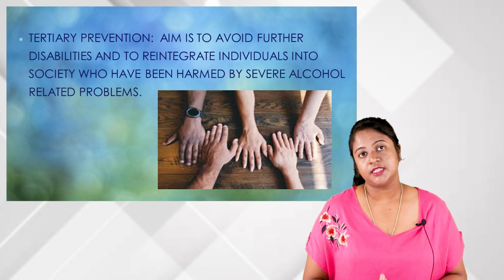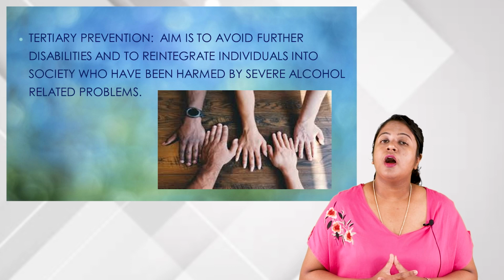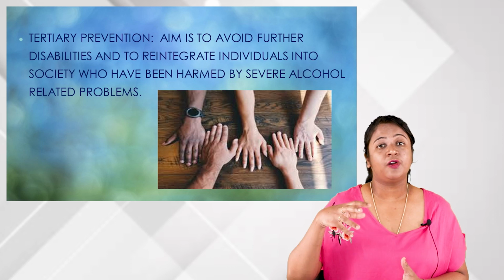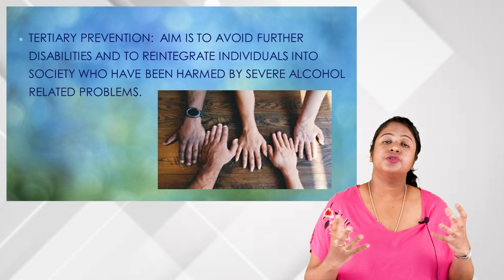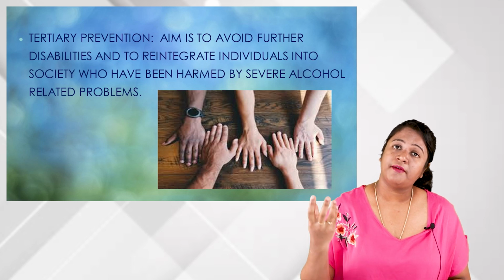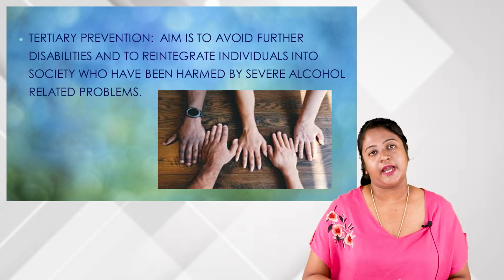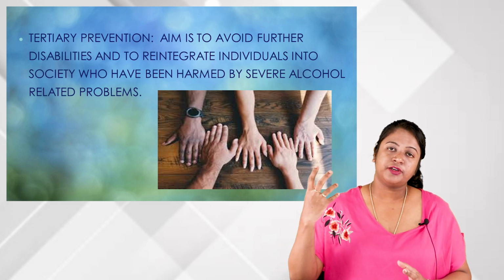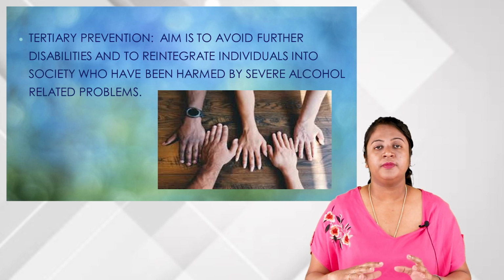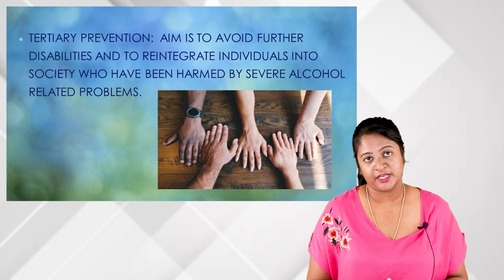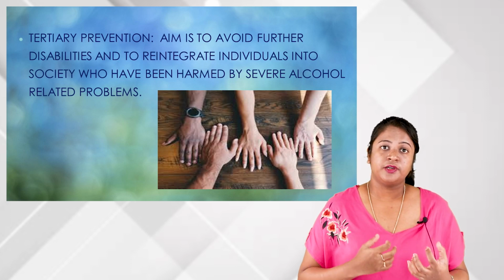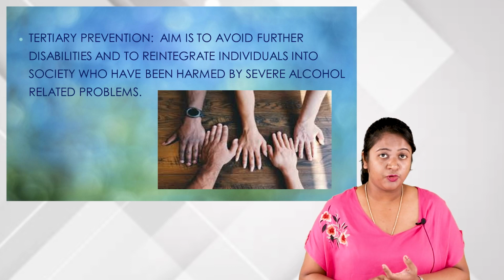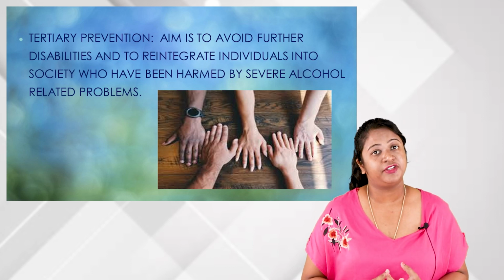The next one is the tertiary prevention. The role of the nurse in the tertiary prevention is to avoid the further disabilities which happen because of the alcohol problem, and also to reintegrate the individuals who have already been addicts into the society. So you're going to bring those alcoholic clients back to their previous level of functioning in the normal way. You're going to put them back in the society wherein they get their self-esteem improved, they feel confident about themselves, and they feel motivated so that they can lead a normal life in the society.